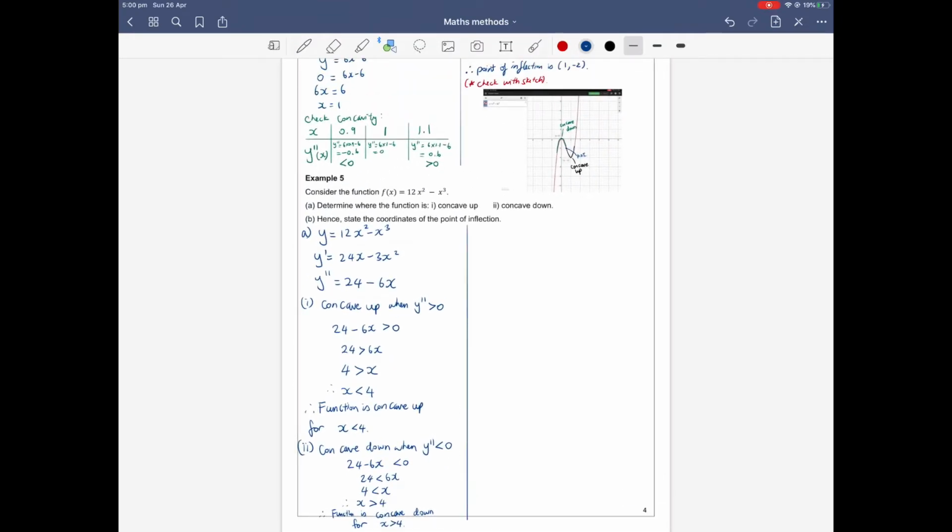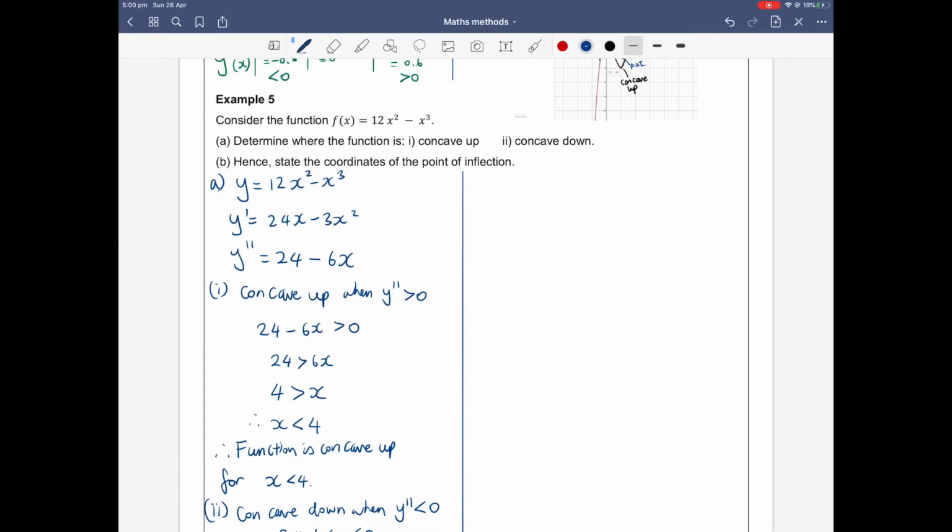And now let's do B. Part B is saying, hence work out the point of inflection. So what's the definition of point of inflection? Point of inflection is when your second derivative is 0 and the concavity changes on either side.